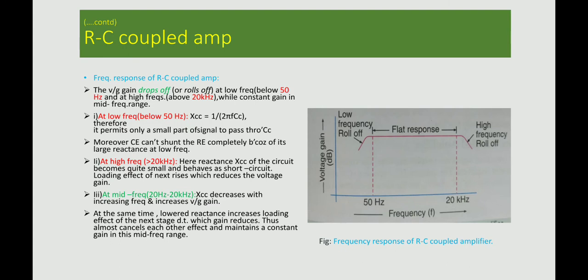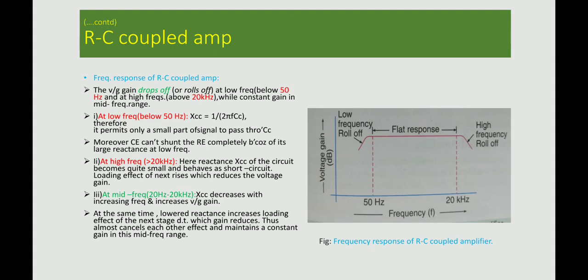At low frequency, the capacitive reactance XCC will be more due to the low value of f, and it will therefore permit only a small part of the signal from the first stage to the next stage through the coupling capacitor. Moreover, the emitter bypass capacitor is not properly shunting the emitter resistance, because of its large reactance at low frequency.